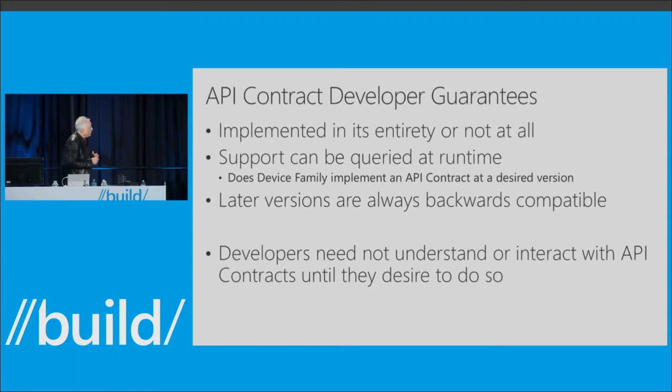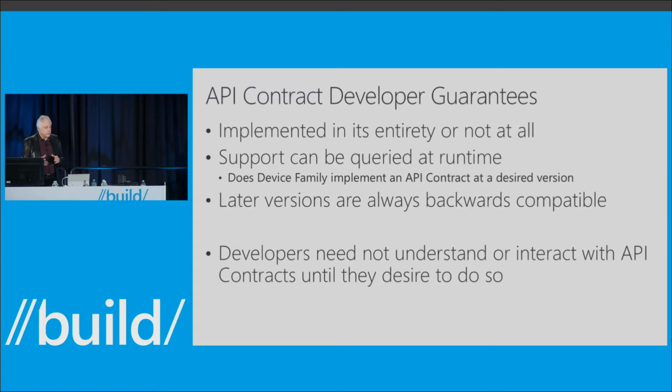Also, with this API that you just saw, the API information API, you can query at runtime to see if an API contract or a method or type is supported. And then later versions are always backwards compatible. So if you ask a system that has Brent contract version 3, do you support Brent 2? It'll say yes.